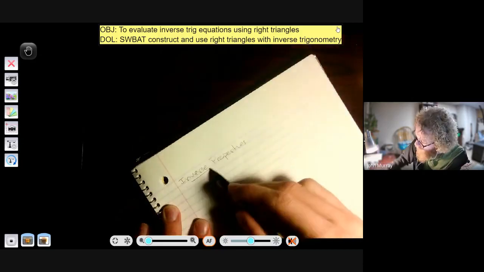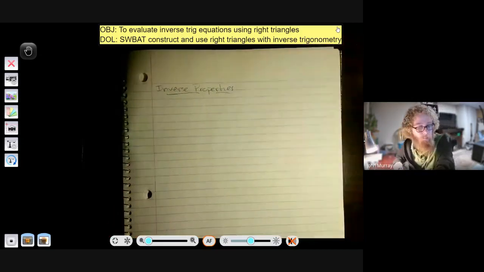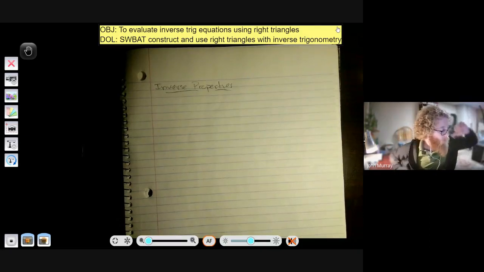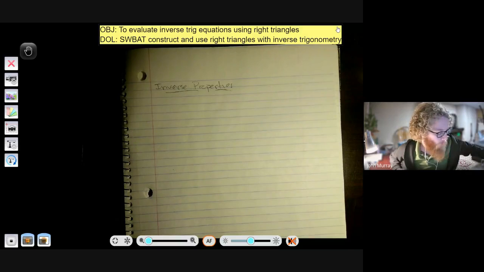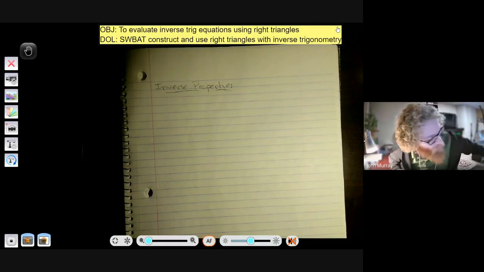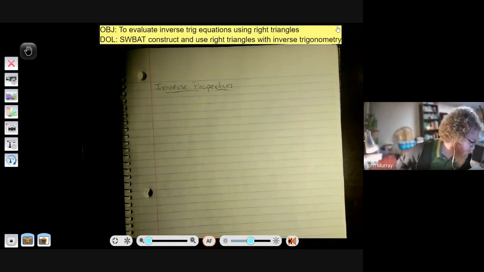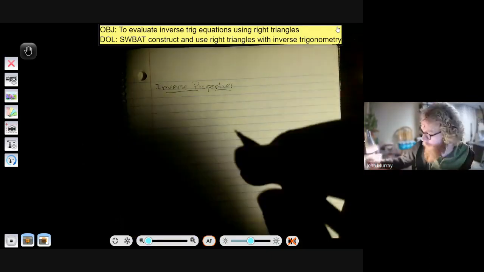So let's see if we have enough time today to get this. Because we now know the inverse of our trigonometric functions, we can apply those to actually solve equations. We have a few rules here.